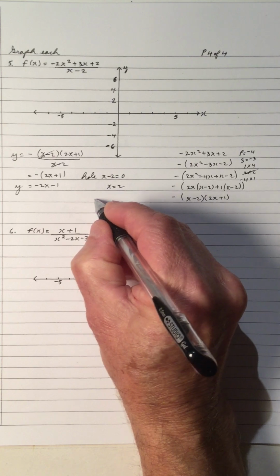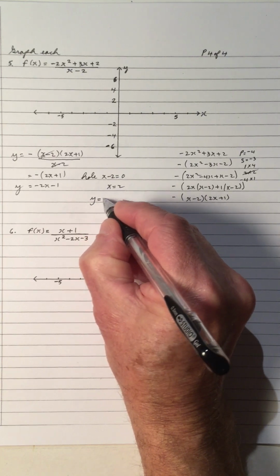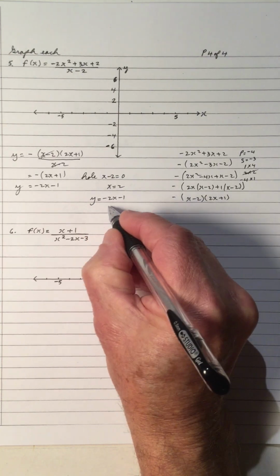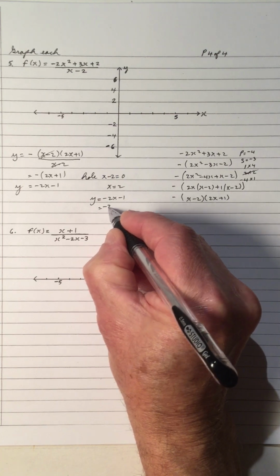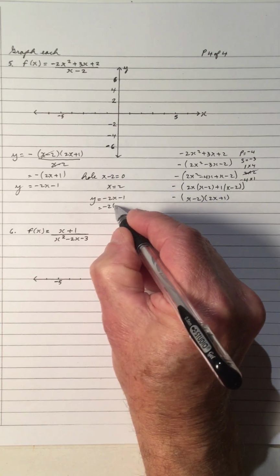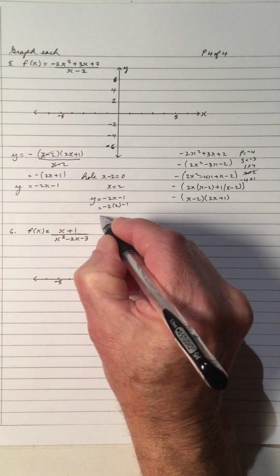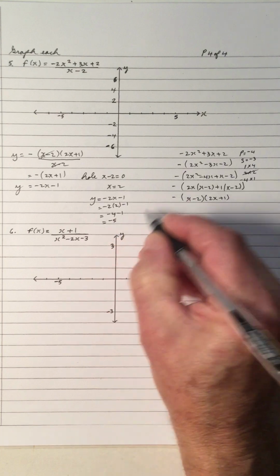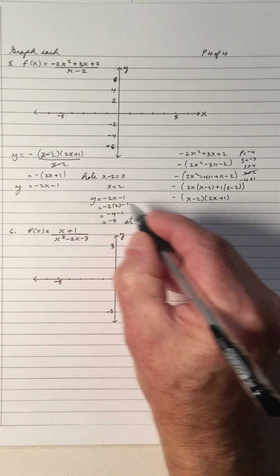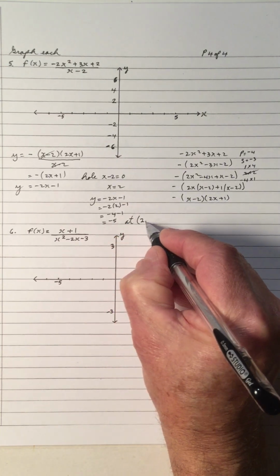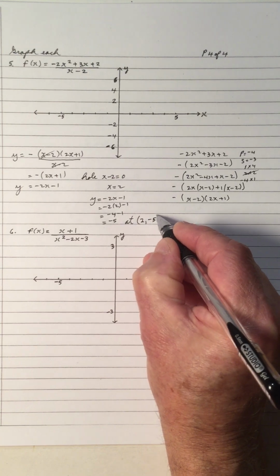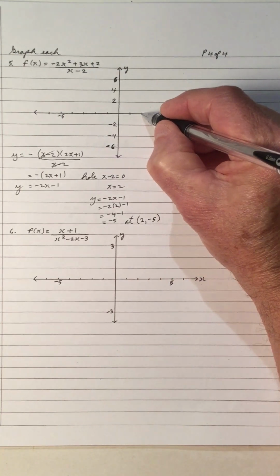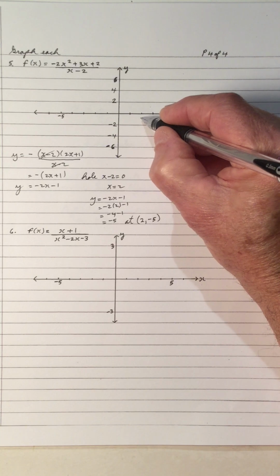So if x is 2, y equals negative 2x minus 1. So we put, again, a 2 in here, and that gives us negative 4 minus 1, which gives us negative 5. So there's a hole when x is 2, y is negative 5.